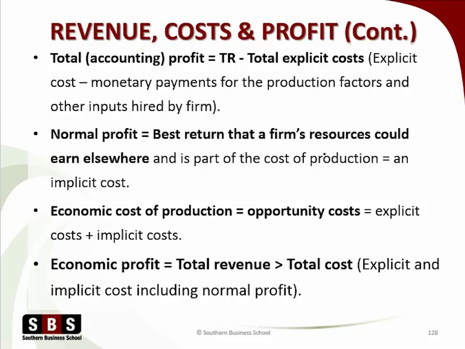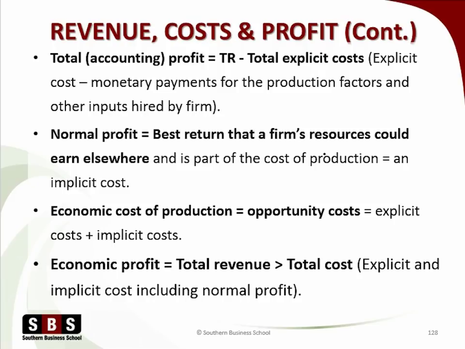This could also be in the short questions, the first two questions. Explicit costs. What's important here is you need to know what explicit cost is for exam purposes. Explicit cost is that in the brackets there: monetary payments for the production factors or other inputs hired by the firm.